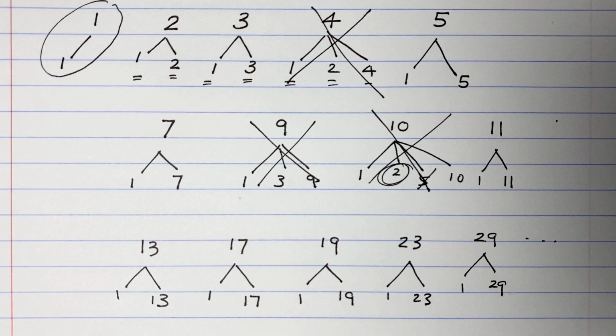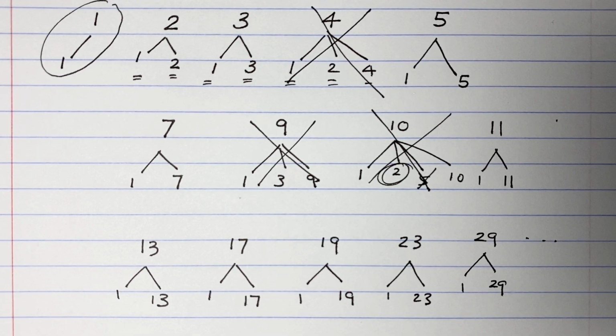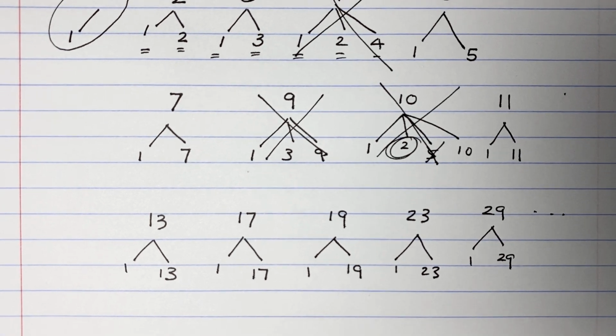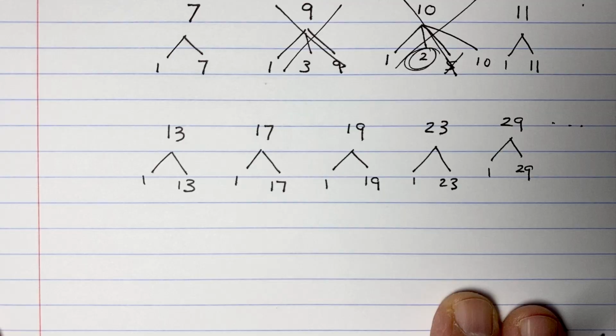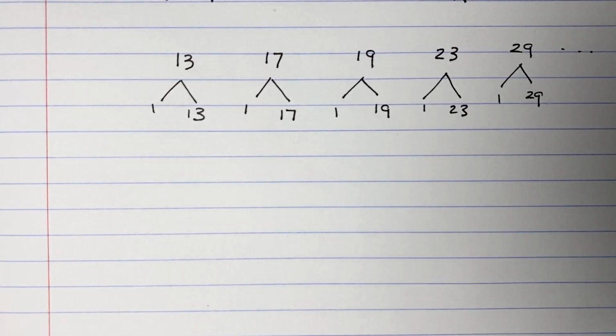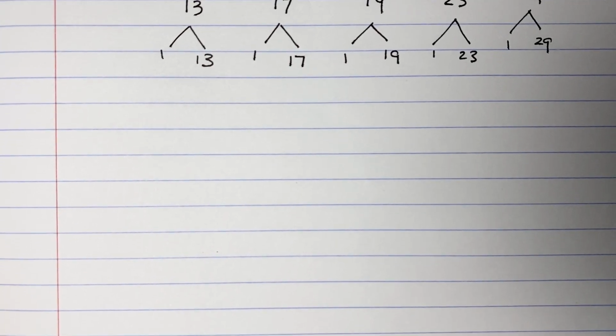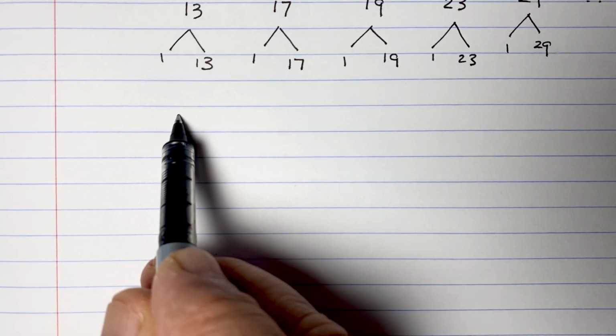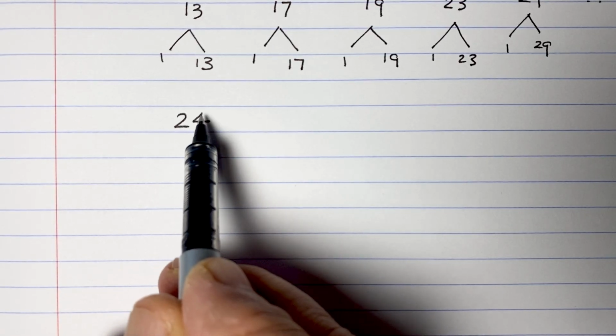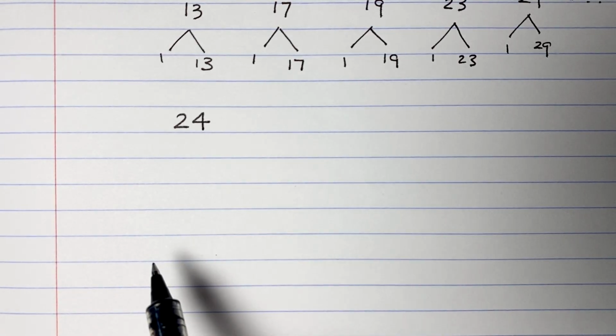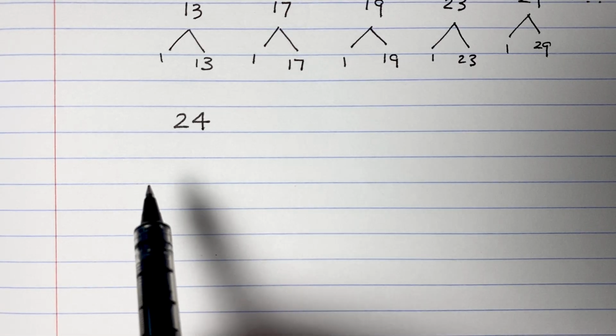The reason I have started this lesson with prime numbers is because I want you to decompose any number into its prime factors. For example, 24. It's called prime factor decomposition.